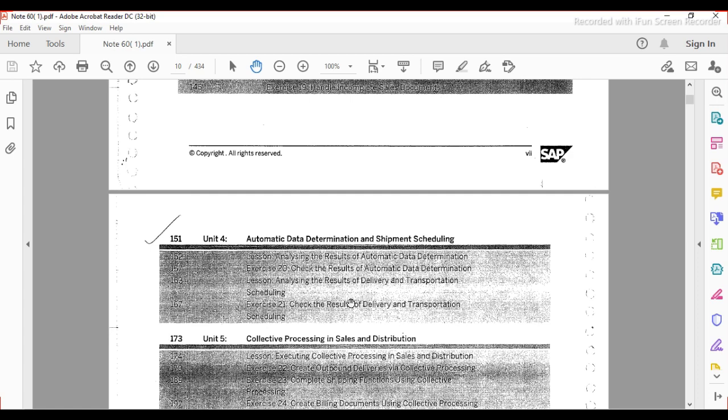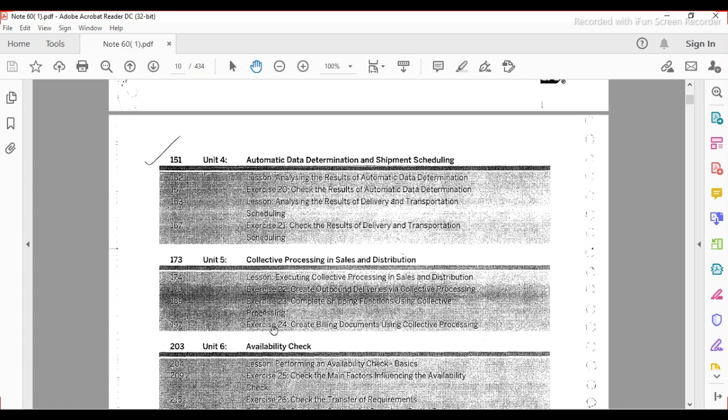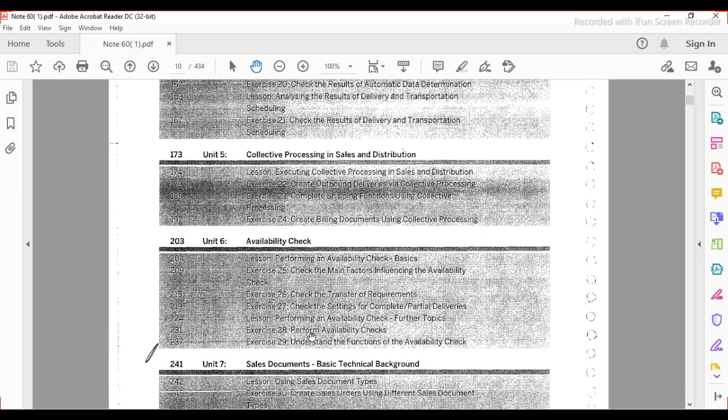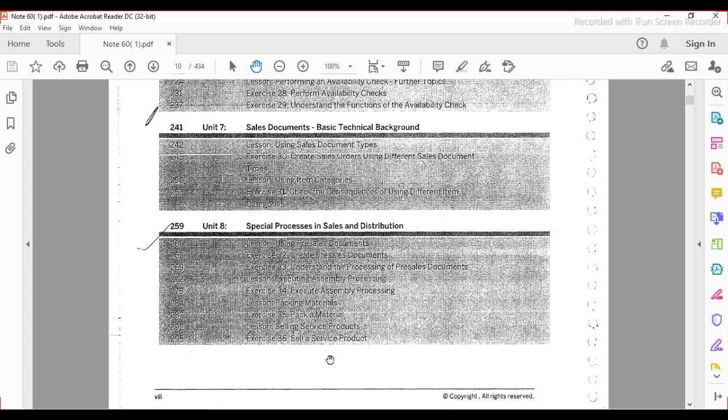We will study them gradually one by one. Then sales, distribution and availability check, where we will see how the system checks the availability of material. We have forward scheduling and backward scheduling, and how the system checks availability by these two methods. Then we have document units, various units one by one.